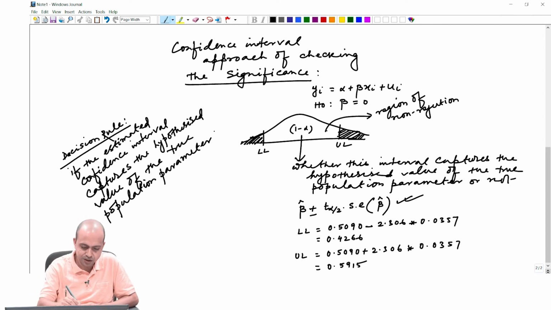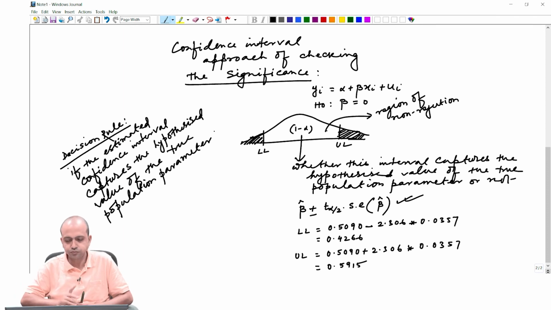If the hypothesized value of the true population parameter is captured by this interval, then the decision making rule says you do not reject your null.